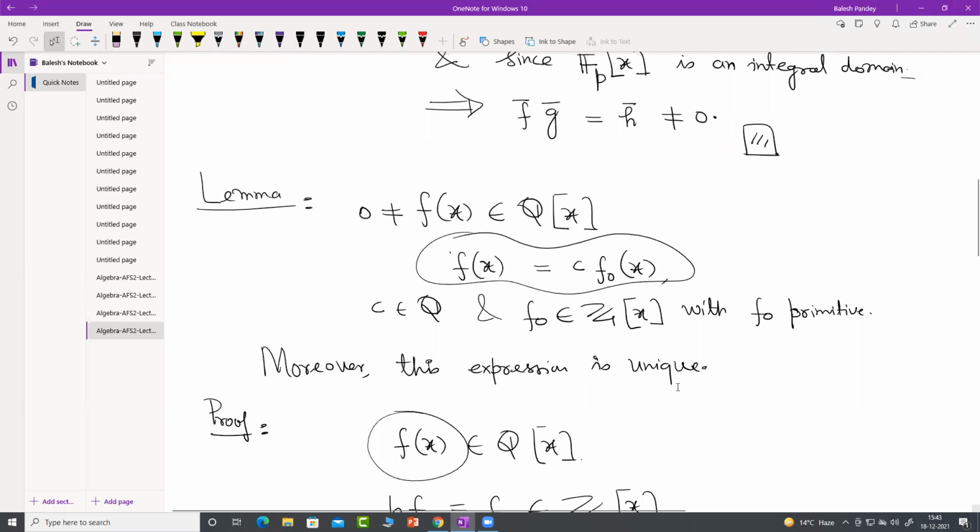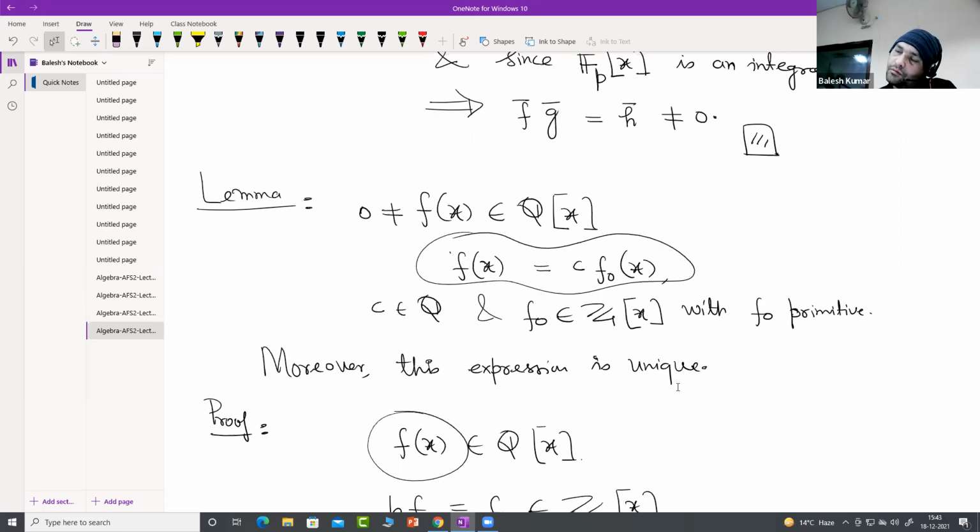So Z adjoined root 2 we may bother about, where there are a lot of units; in fact, I think it has infinitely many units. So there everywhere one needs to prove the results up to units. That means one can say that the leading coefficients an, if you take a primitive polynomial in that sense, only differ by a unit.